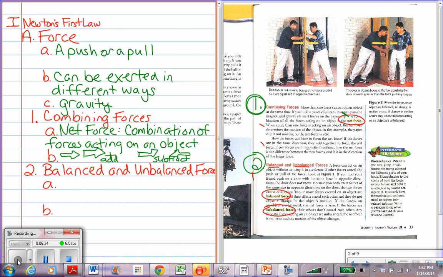Okay, we're not going to need to say two or more forces exerted on an object, but the effects cancel each other and they do not cause a change in the object's motion. Balanced forces. They cancel each other out.